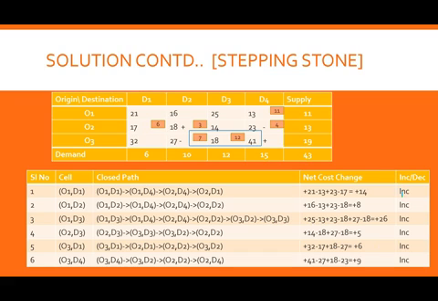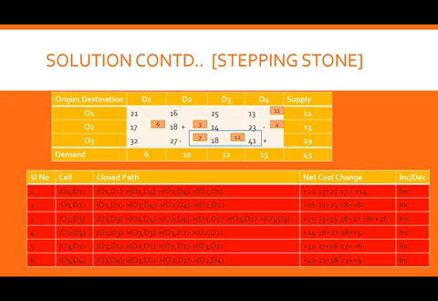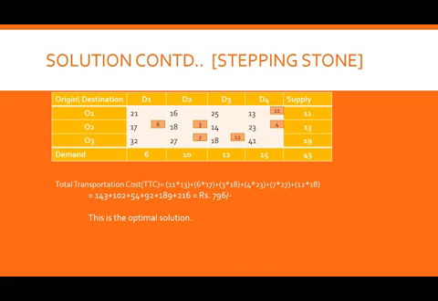See, I have got all net cost changes as increase. So whatever solution I had got is an optimal solution. All are shaded in red. Therefore, the solution that I have got here is the optimal solution. So once again, recalculate the TTC for the optimal solution.